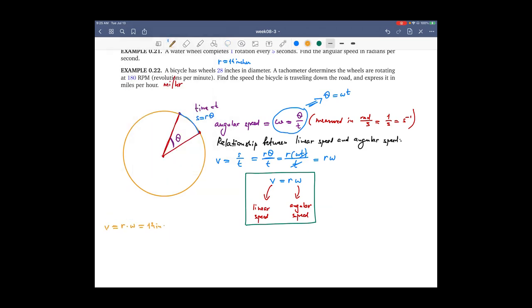Well, angular speed, omega, is 180 revolutions per minute, which is not very convenient to work with, but we can always translate this to radians per minute or per another unit of time. One revolution is 2 pi radians.